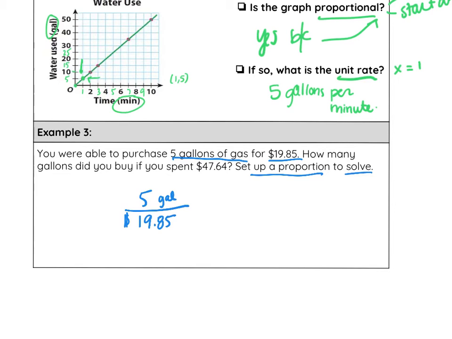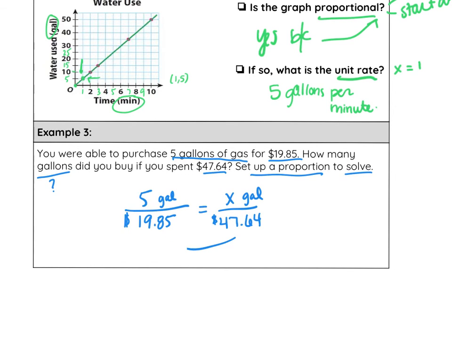That's in money. And you want to know how many gallons, so question mark, if you spent $47.64. So $47.64 would go on the bottom because it has to go next to wherever you put money. And then X gallons would be on top.